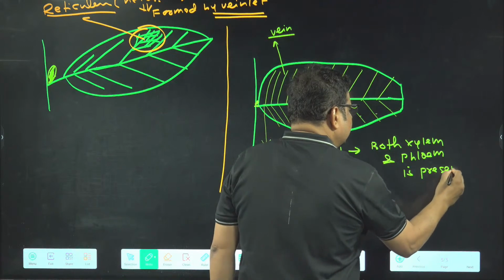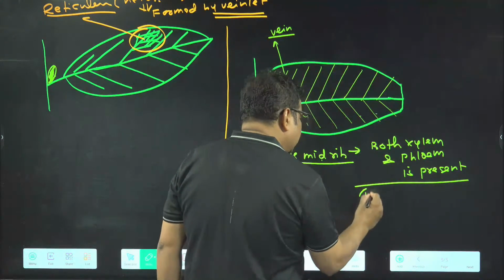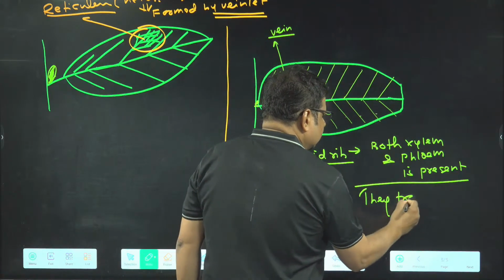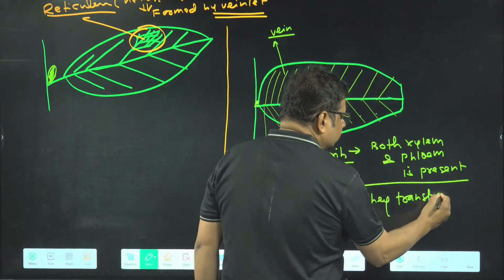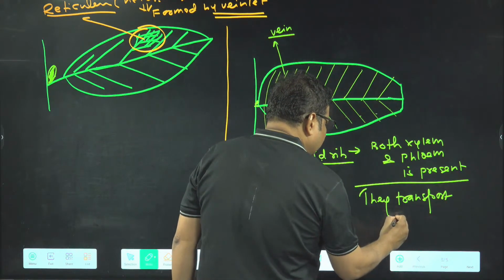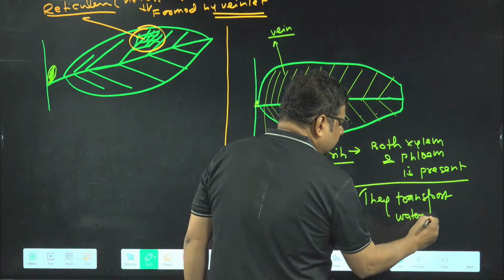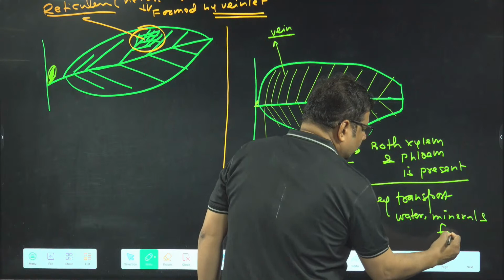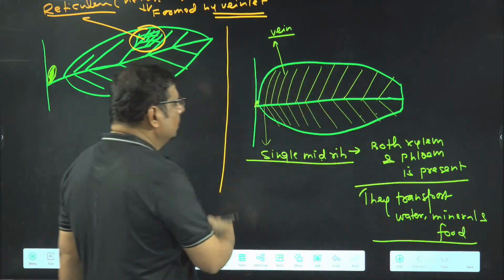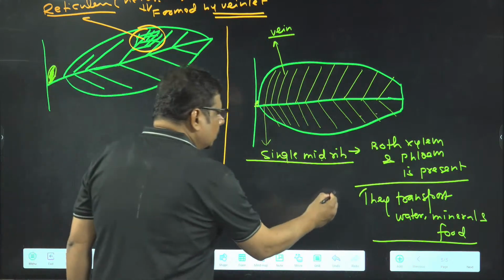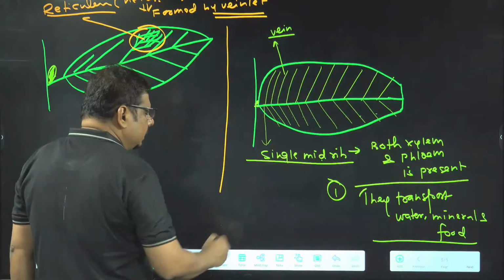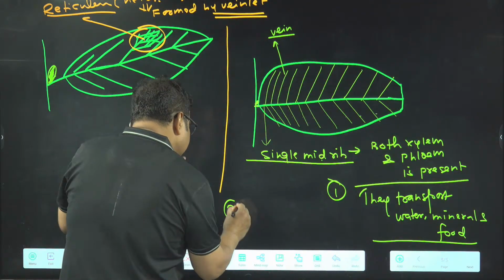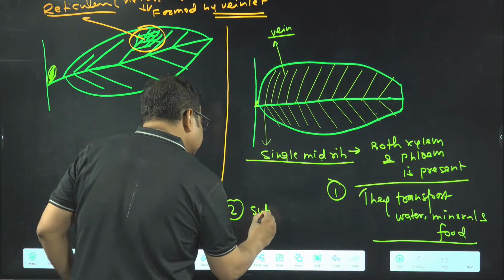And these xylem and phloem vertically transport water, minerals and food. So this is one of the functions of the midrib. Another function of the midrib is support to the lamina.